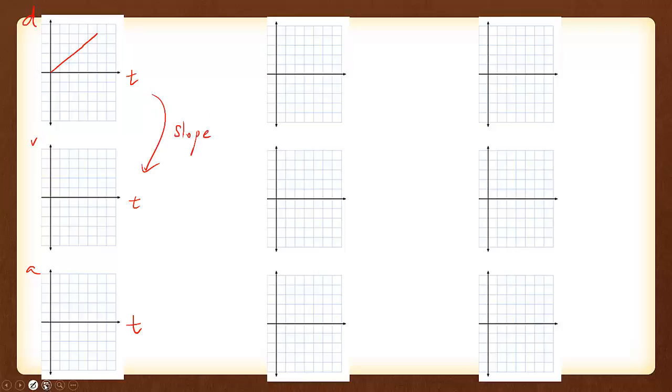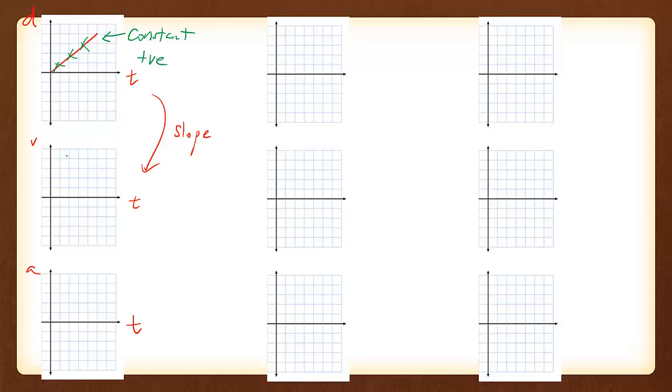Here you can see a constant slope. Because the slope is not changing, no matter at this point or this point, they are all the same slope, and you can see the slope is also positive.